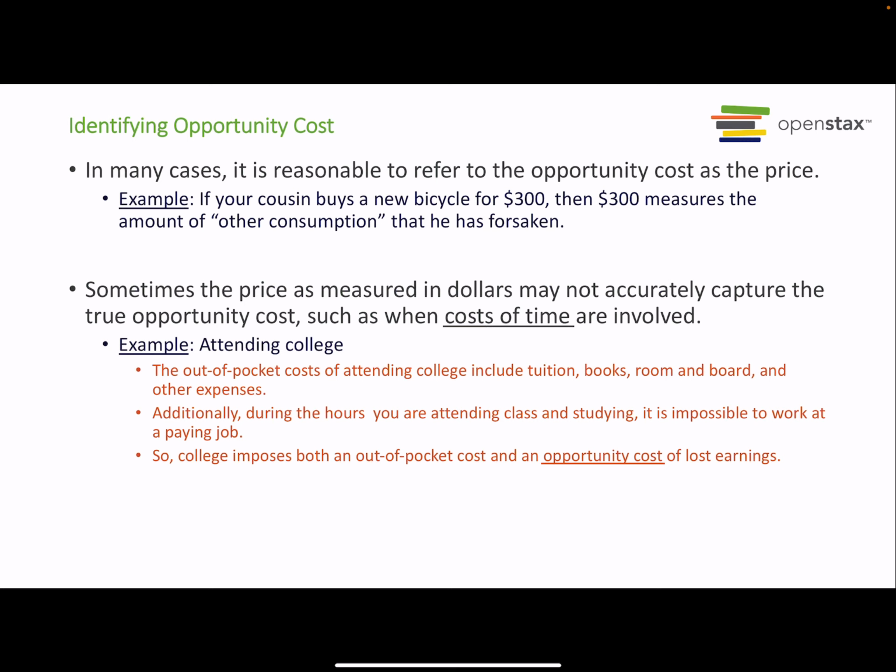But sometimes measuring this opportunity cost in dollars may not capture the full or true opportunity cost of a decision, because cost of time should also be considered. Think of the act that you're doing right now, right? You guys are all attending college. You're taking this class for credit to work towards a college degree at some point.